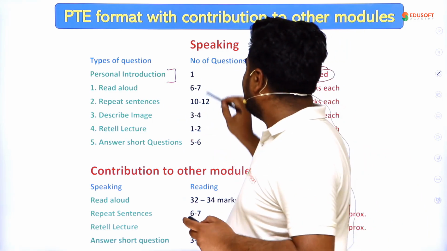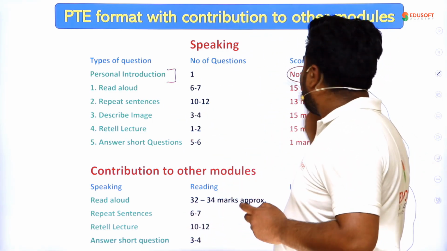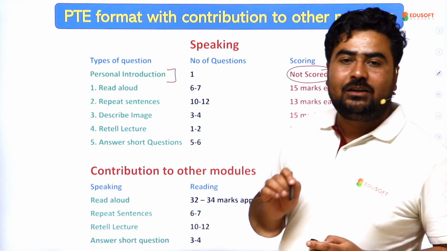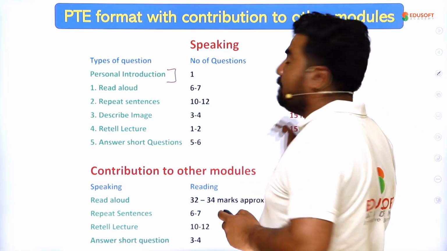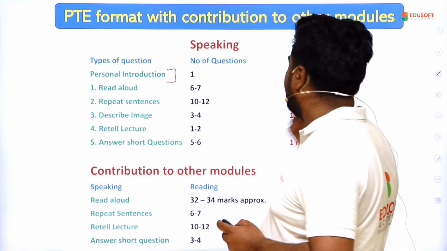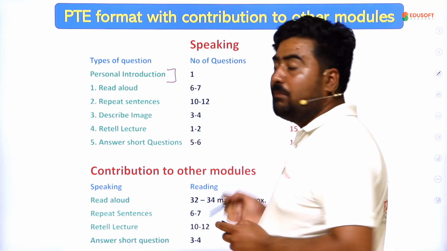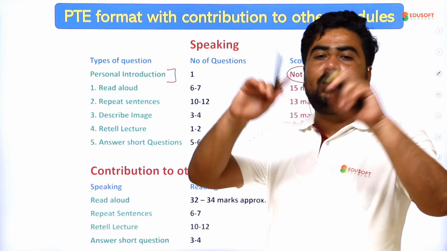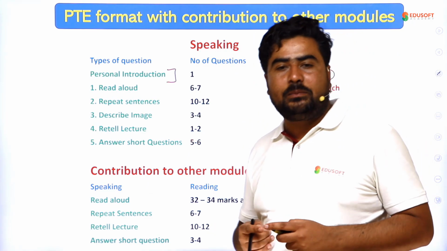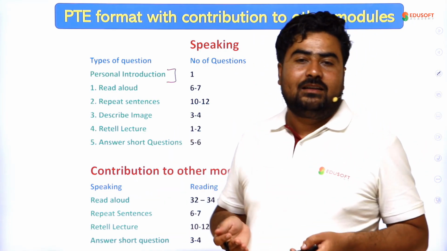Read aloud: 6 to 7 questions you will be asked, and for each question you will get 15 marks. Repeat sentence, the next important question, 13 marks. Describe image, 3 to 4 questions, 15 marks. In describe image, you will get one image in front of you on your computer screen, and you have to describe that image.